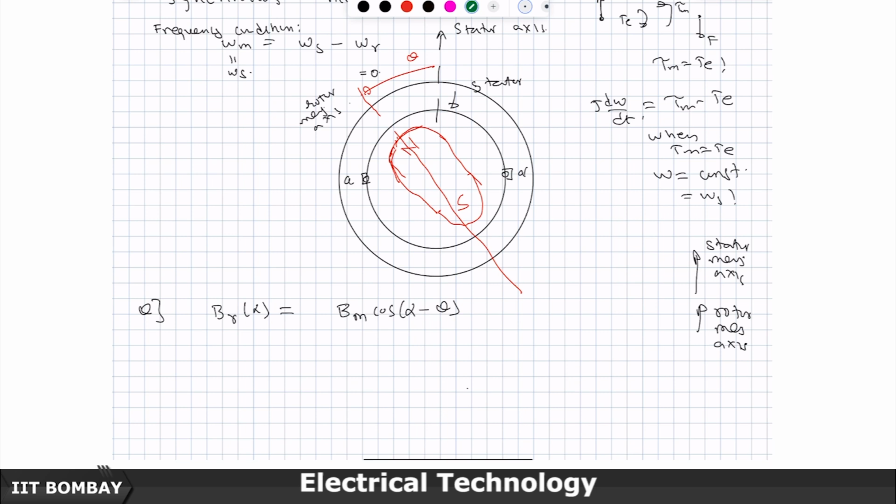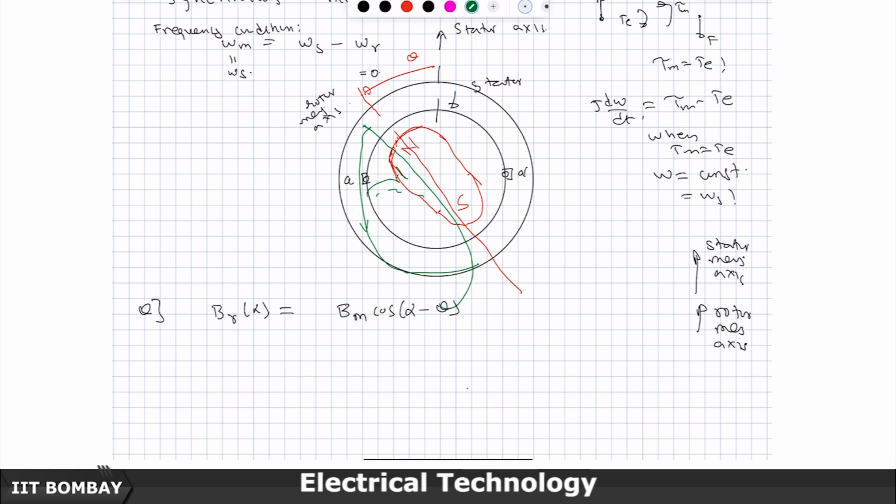So, what it means is that the strength of the B lines here is maximum and then it keeps on reducing, and finally becomes 0 when you reach the 90-degree axis. So, there are no flux lines being created.